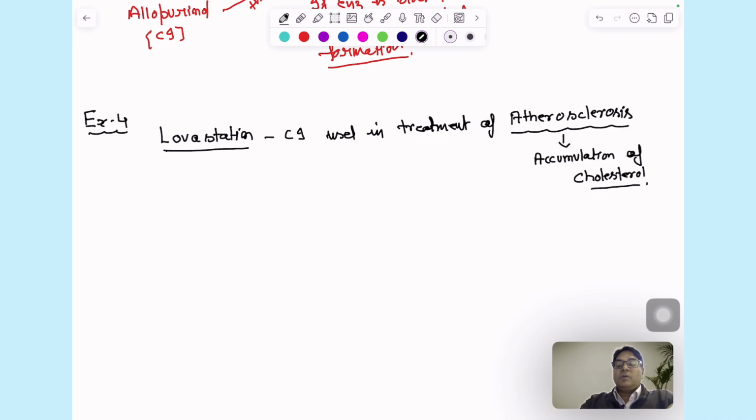It can lead to high BP and further troubles like brain stroke. So in our body there is a reaction in which there is a precursor substance. This is the substrate. I am not writing the exact name of that precursor. It is converted into cholesterol. When we study cholesterol, then we will do that.